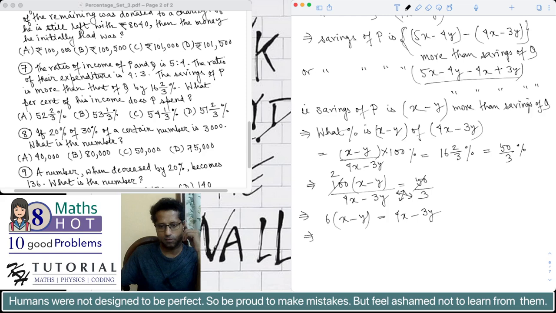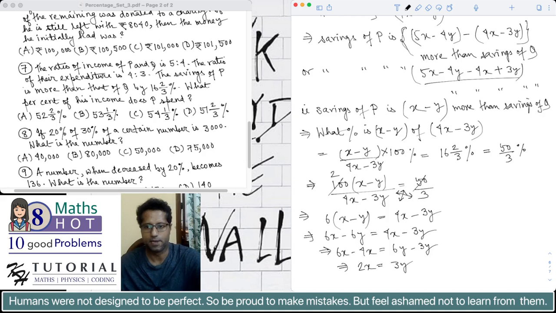This implies 6x minus 6y is equal to 4x minus 3y. If I bring the x terms to the left hand side and the y terms to the right hand side, I get 6x minus 4x is equal to 6y minus 3y. This implies 2x is equal to 3y. So I got a relation between x and y.